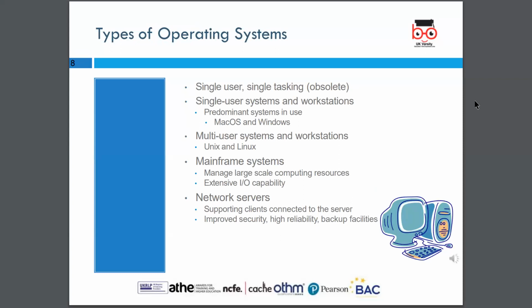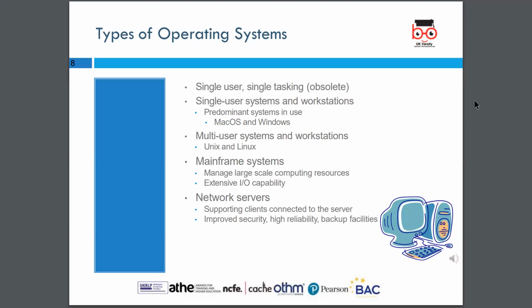We have mentioned the types of operating system in our previous unit, but we can still go through them here, where we show that we have single user. So when it comes to connecting to a network, we can connect with a single user, and also we can have a multiple user system.